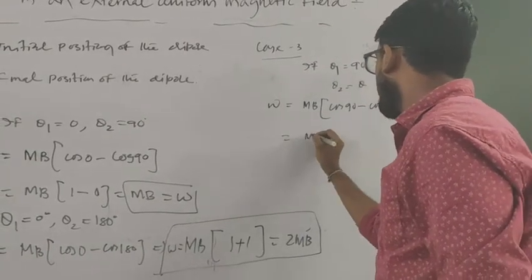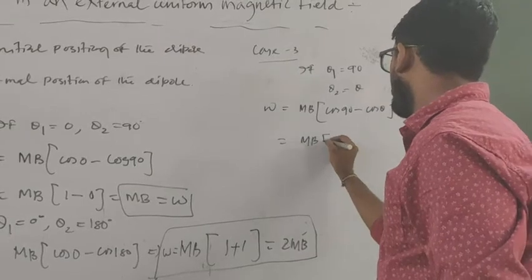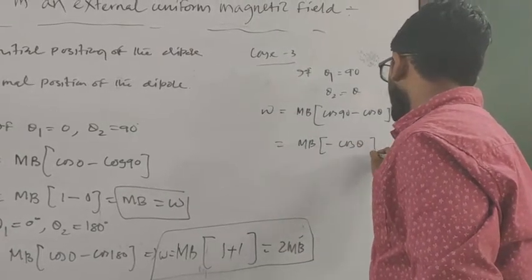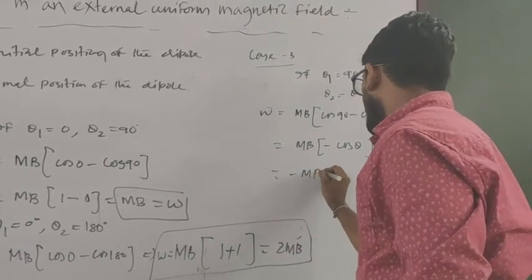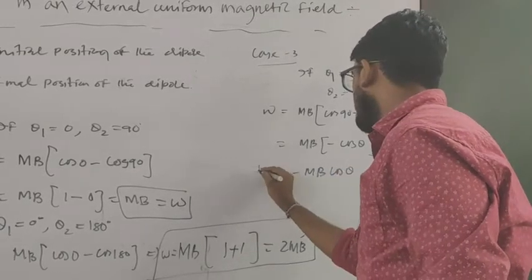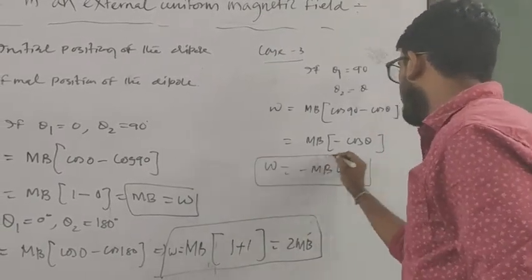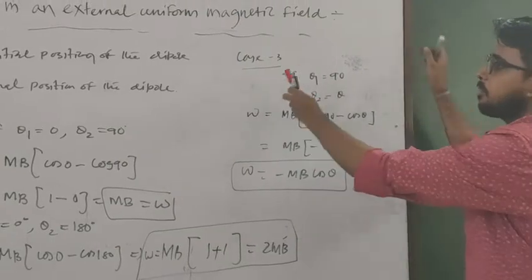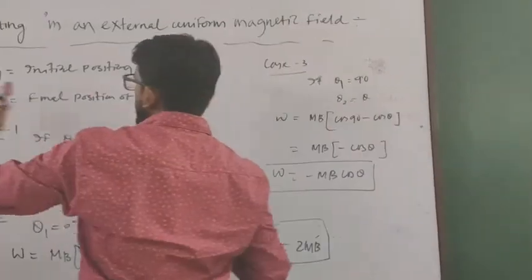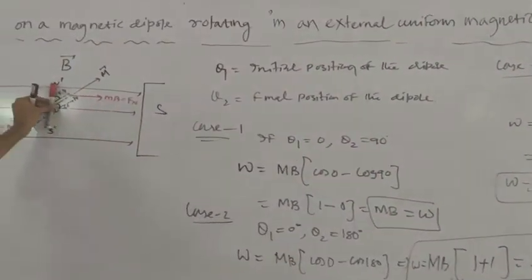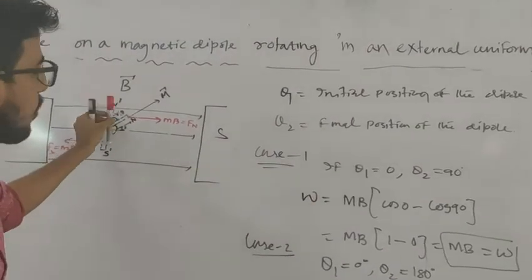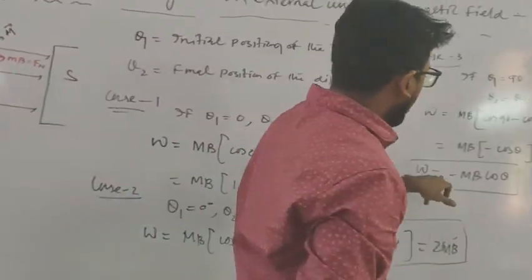So MB cos 90 is 0 into minus cos theta, so it will become minus MB cos theta. This is the amount of work done by the external agent to rotate the dipole from perpendicular position. That means theta 1 is 90 degree. The dipole is initially like this, and we have to rotate it to any further angle theta. So this will be the total amount of work done.